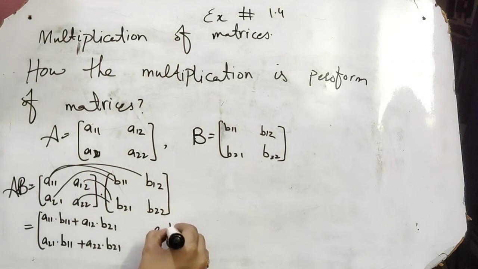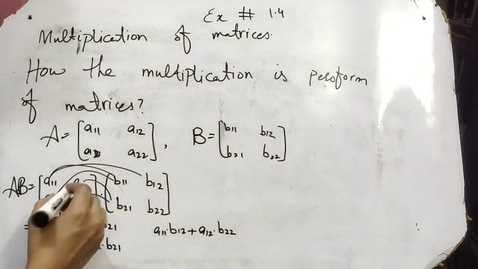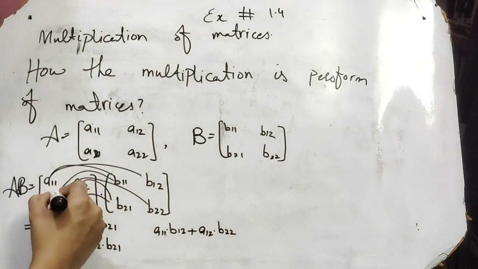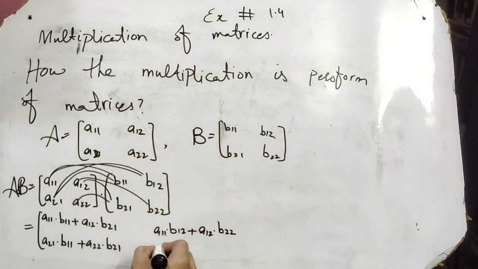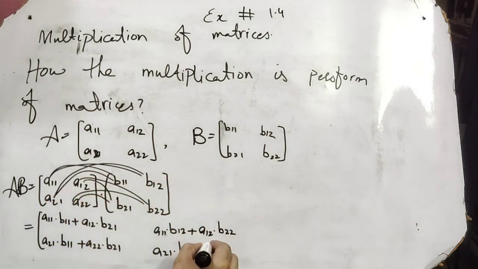A11 multiplied by B12 plus A12 multiplied by B22. The next A21 multiplied by B12 plus A22 multiplied by B22. This is the general multiplication of any two matrices.